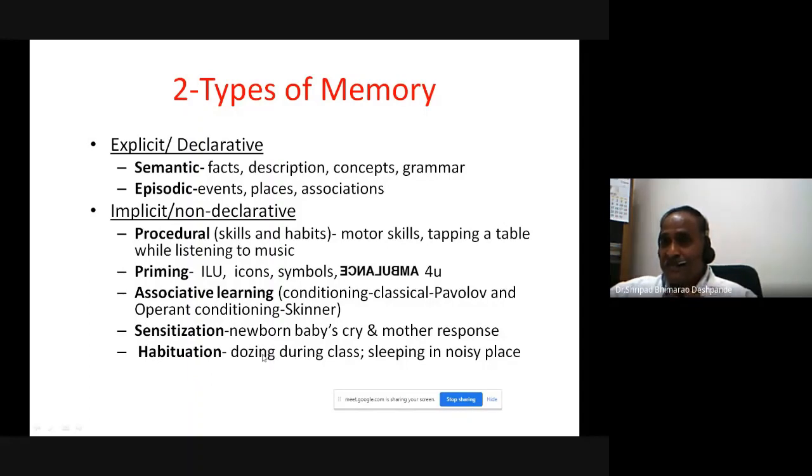So the dozing during the class, that is a monotonous work, or sleeping in a noisy place. I mentioned a train journey where a train produces an enormous amount of noise, and still we are able to sleep. So these are the types of memory. Try to remember these things. I briefed about the types of memory. Then we go further.